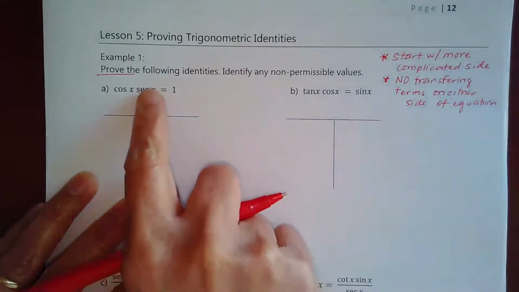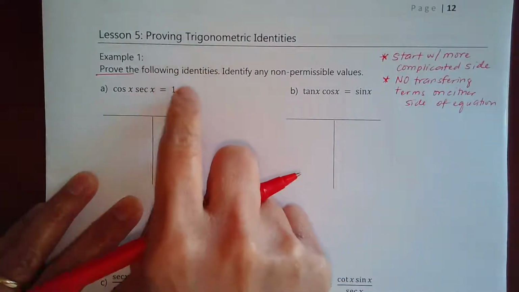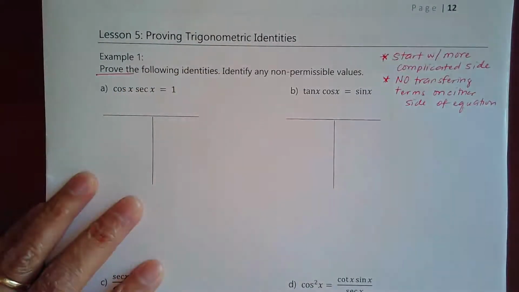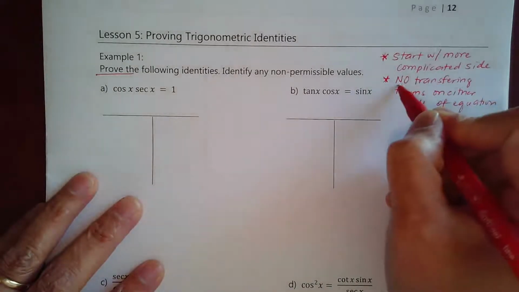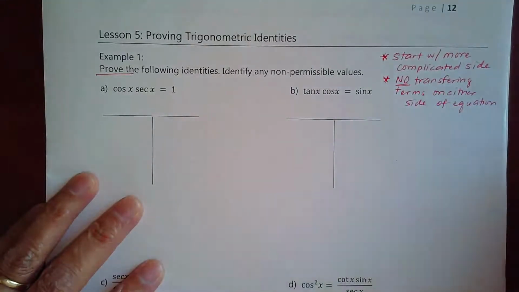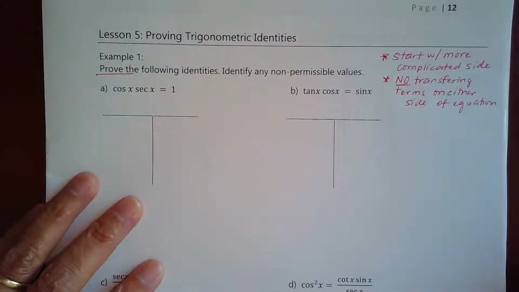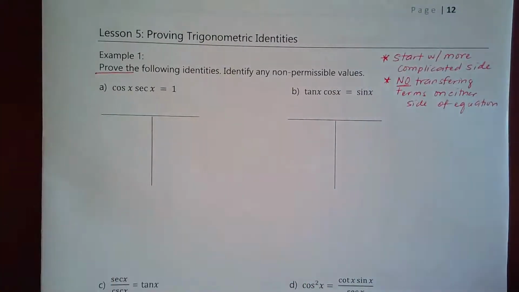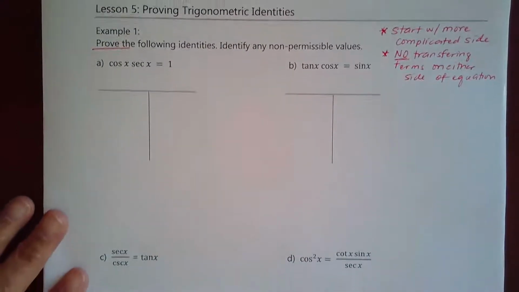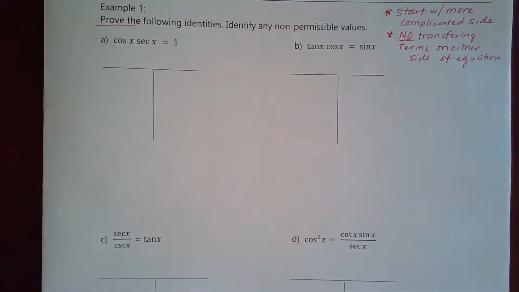We're not going to say, oh, I'm going to transfer it over there, or set this side equal to 0. No, we're not. No transferring. Okay, so I think that's about it. If there's something that I think about later, we'll talk about it. Okay, so let's start with this one.